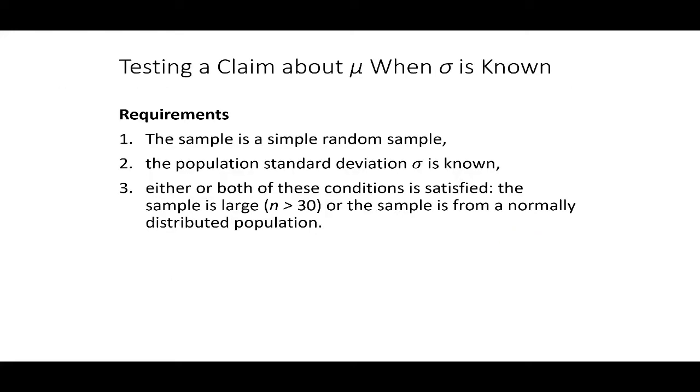After that, we test a claim about a mean when the standard deviation for the population is known. These are the requirements you have to check when you use this method. The sample should be simple random, the population standard deviation should be known, and either the original population should be normally distributed or the sample size should be greater than 30.